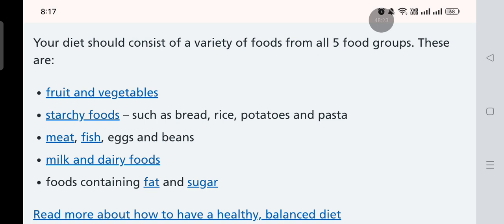These are fruit and vegetables, starchy foods such as bread, rice, potatoes, and pasta, meat, fish, eggs, and beans, milk and dairy foods, and food containing fat and sugar.